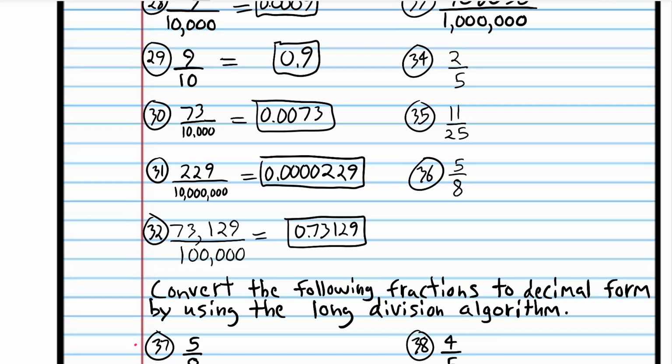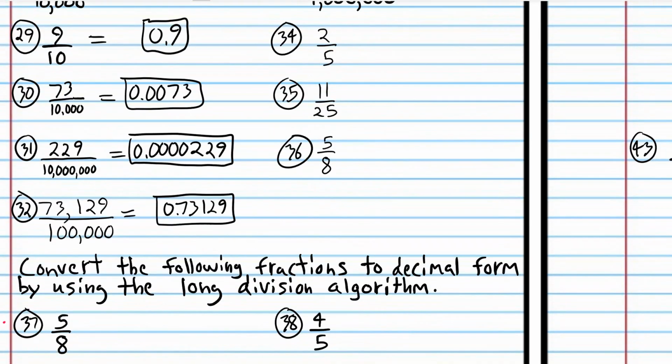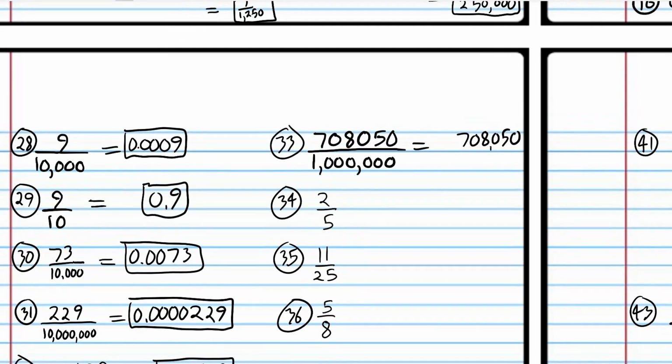Again, the last digit to the right needs to be in the proper place, and we know the place by the denominator. Whoops.